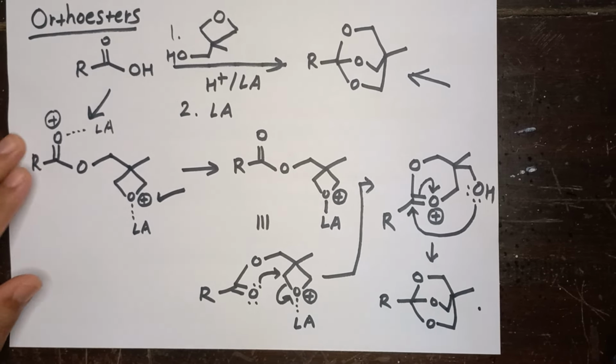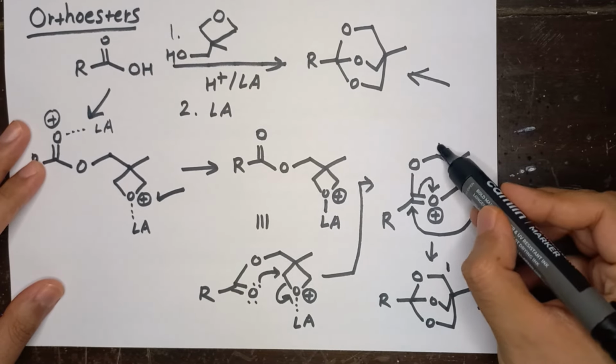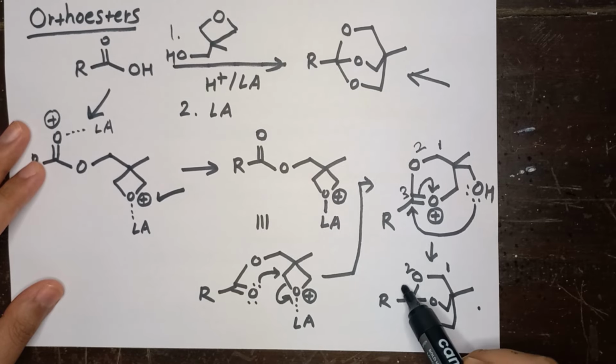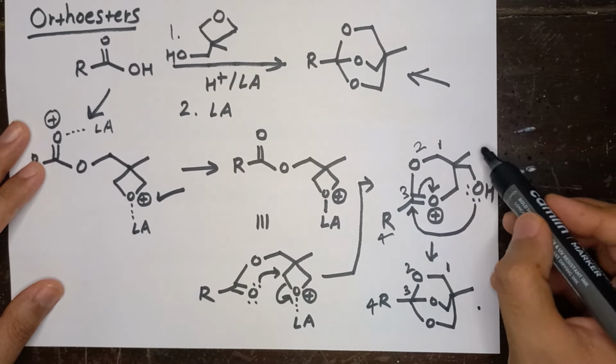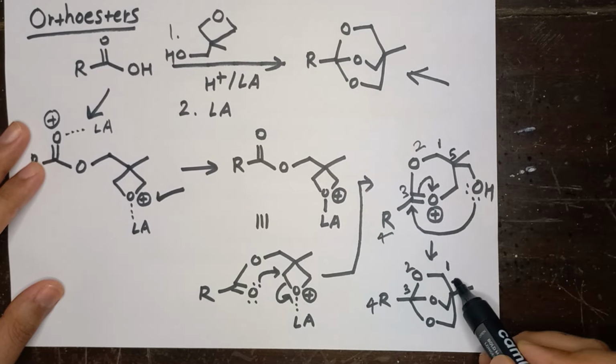Right? So let me number them. So this is my 1, 1, 2, 2, 3, 3, 4. This is 4. Okay. 1 is attached to, let's say, 5.